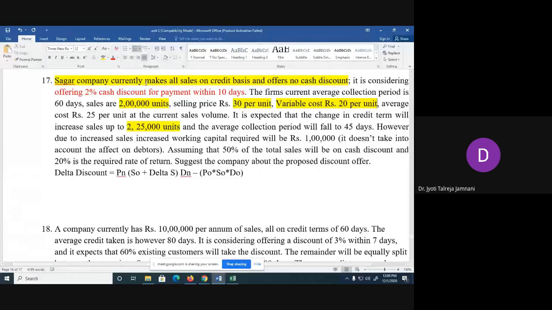How much is the fixed cost? We'll see. Just see here. Selling price is 30, variable cost is 20, and the average cost is 25 per unit.